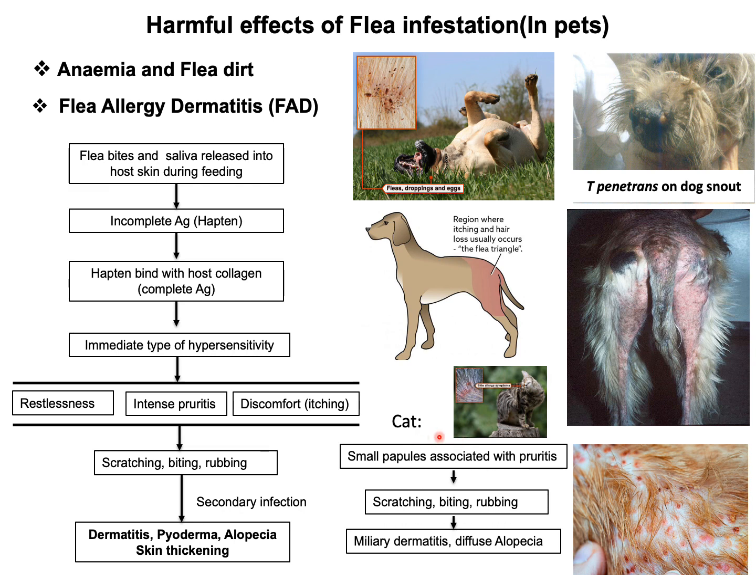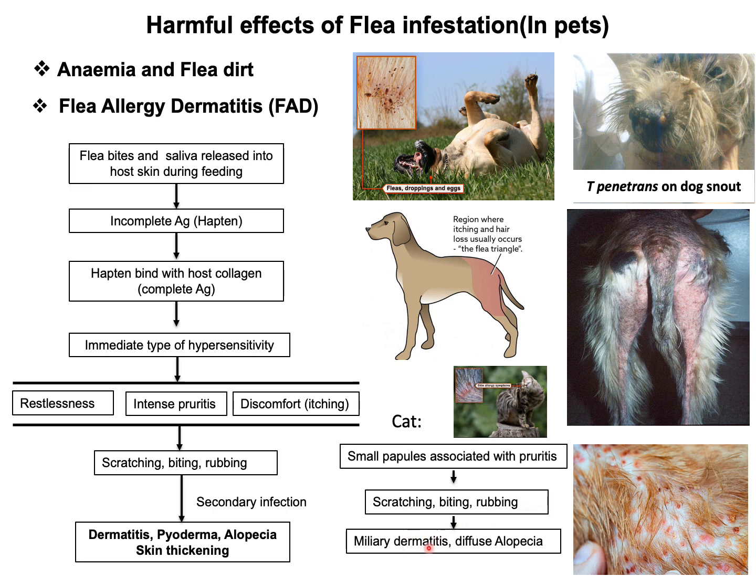And in case of the cat, there will be a small papule associated with pruritus, and this is also a very uncomfortable situation. There will be intense pruritus as well as the cat will become restless. As a result, they will do the same thing, that is scratching, biting and rubbing, as well as there will be secondary bacterial infection.